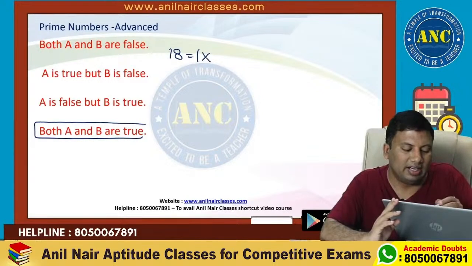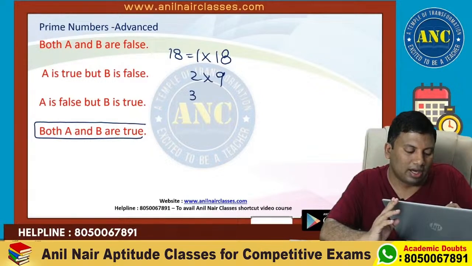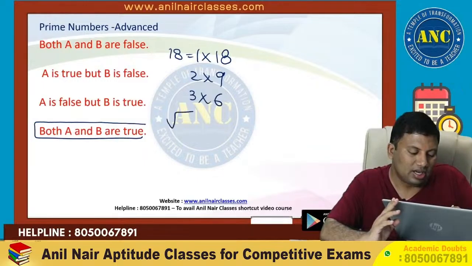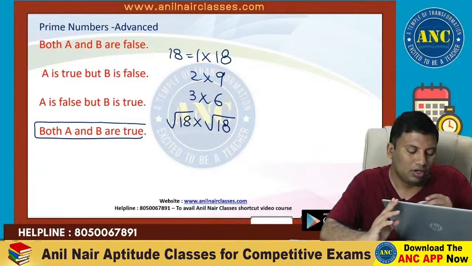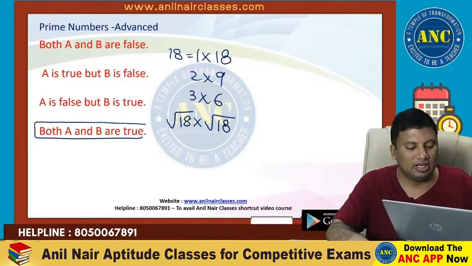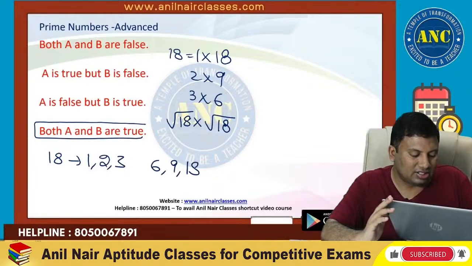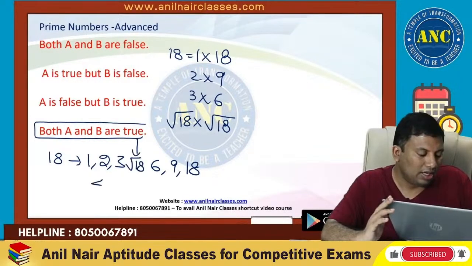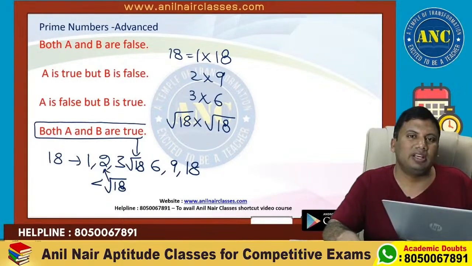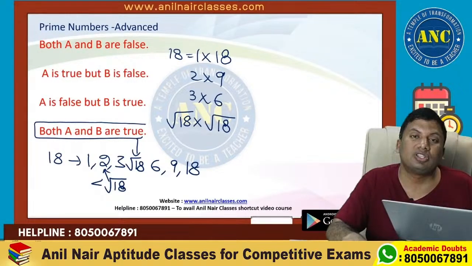You can take any other example also. 18. 18 is nothing but 1 into 18, 2 into 9, 3 into 6 and root 18 into root 18. 18's factors are 1, 2, 3, 6, 9, 18. I will insert root 18. Root 18 is 3 root 2, which is 4.2.